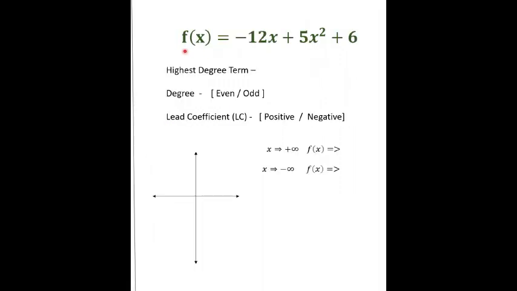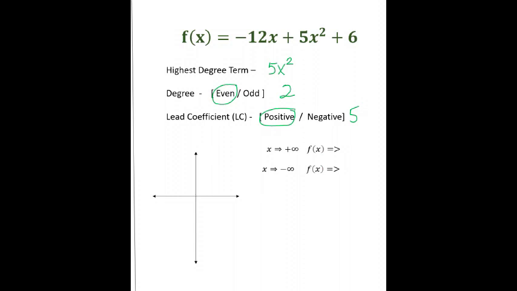For this next problem, f of x equals negative 12x plus 5x squared plus 6. Go ahead and pause the video and see if you can solve this end behavior polynomial. In this particular polynomial, the second term has the highest degree.